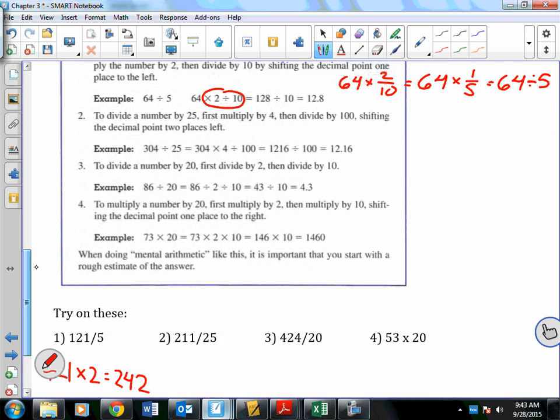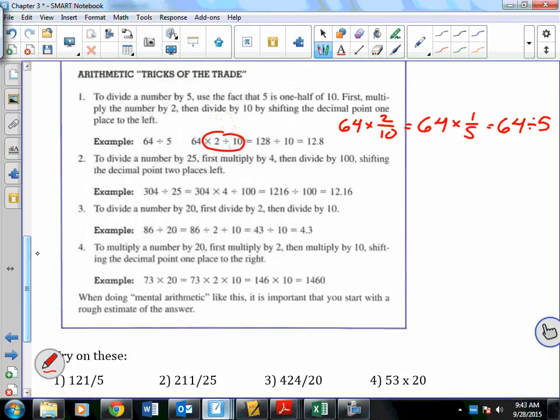Second trick of the trade is how to divide by 25 really easily. To divide a number by 25, first multiply by 4, then divide by 100. So in their case, they're doing 304. To divide it by 25, let's first multiply by 4 and then divide by 100. So what they're really doing is this: 304 times 4 divided by 10.